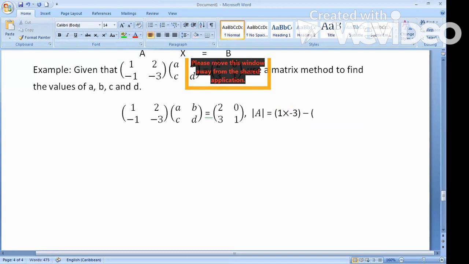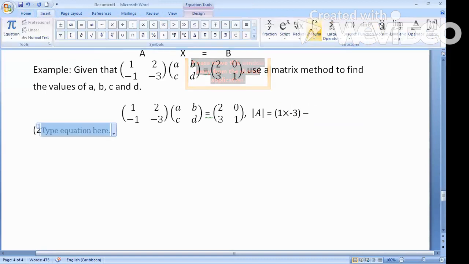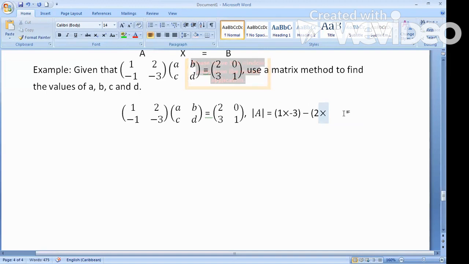Subtract the product of the non-leading diagonal, which is 2, times -1.